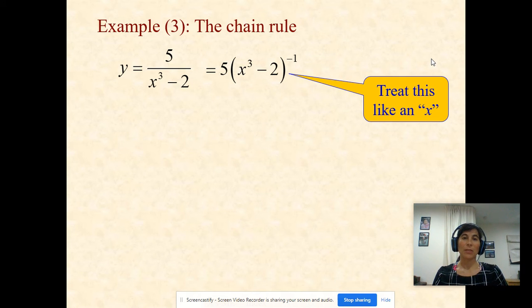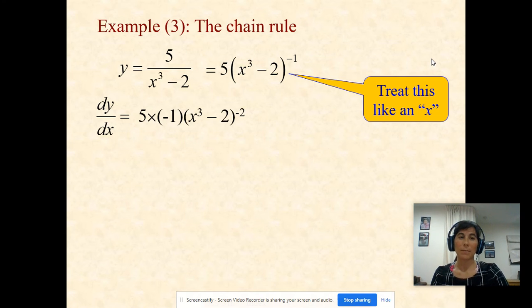And then what you want to do is differentiate around what you've just covered up. So when you do that, you're going negative 1 times 5, and then just copying down what you've covered up. So that's (x cubed minus 2) to the power of, and then taking 1 off that power, so it's negative 2. So have a look at that line, and hopefully you can see what's just happened there.